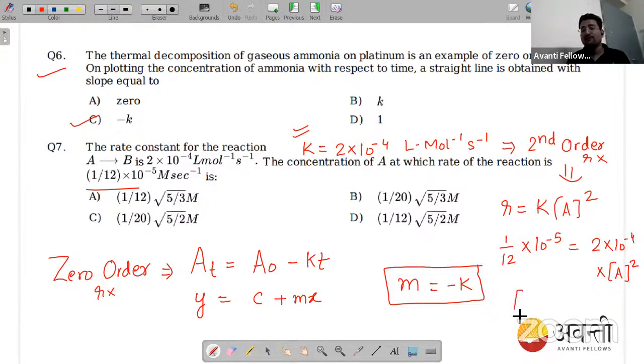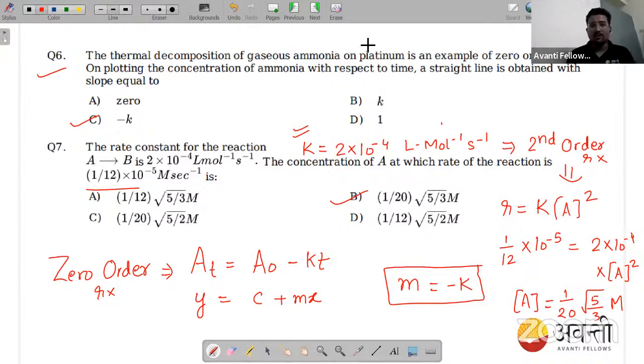Now we can clearly find the value of A here. You can solve it and get the answer as the initial concentration of A equal to 1 by 20 under root of 5 by 3 molar. Is that clear? So in this question, we have to find the order of reaction. Is that clear?